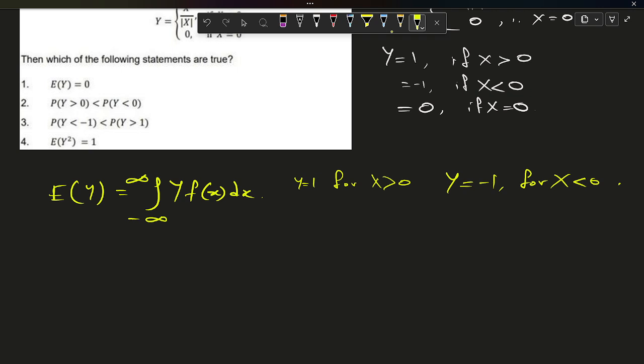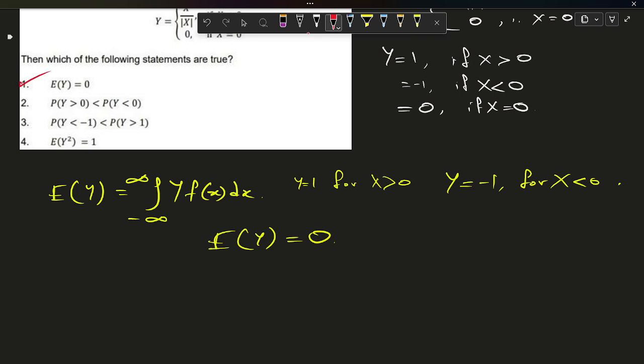The Cauchy distribution is symmetric about the point minus 1, so the positive and negative contributions cancel out. So expectation of y will be 0. So the first option is true.